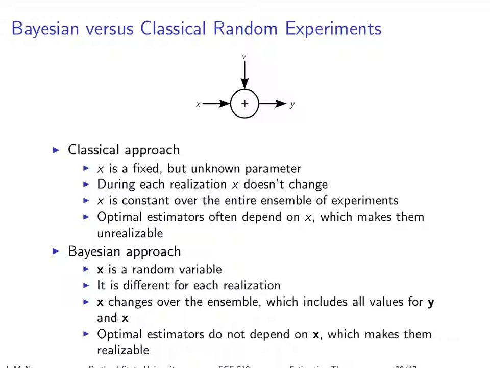So when you're thinking about performing an experiment where you get a different realization with each experiment, the thing we're trying to estimate doesn't change from one experiment to another in this classical sense. It's fixed, it's constant. So, for those of you that remember this from classes on probability or statistics, or with me a year ago with nonparametric estimation, the X is constant over the entire ensemble of all possible realizations.